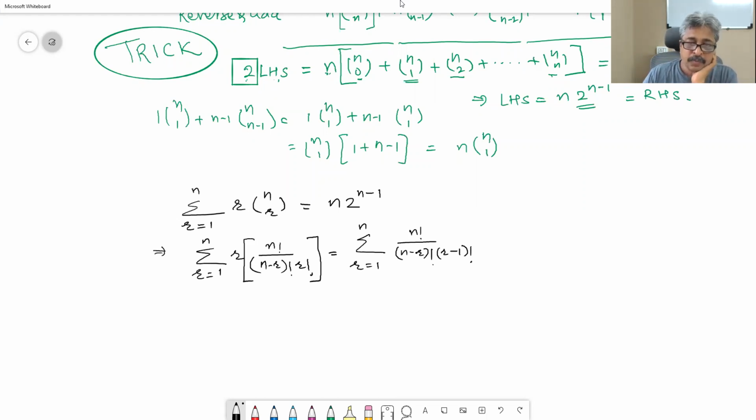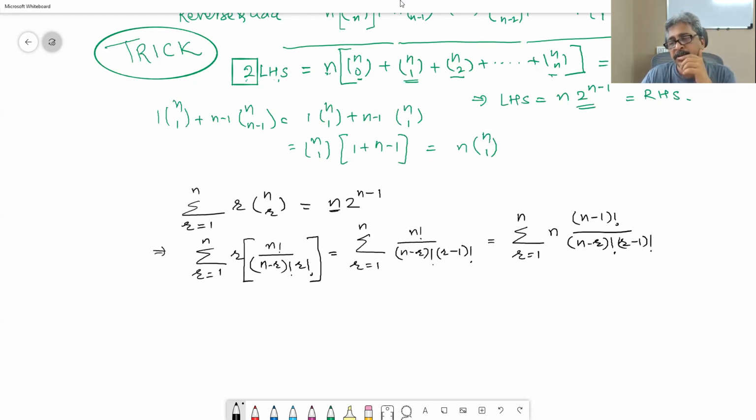Now we are supposed to take this n out, which is a constant. n is given to us. Therefore, we will write this as sigma r goes from 1 to n, n factorial can be written as n into n minus 1 factorial divided by n minus r factorial into r minus 1 factorial.